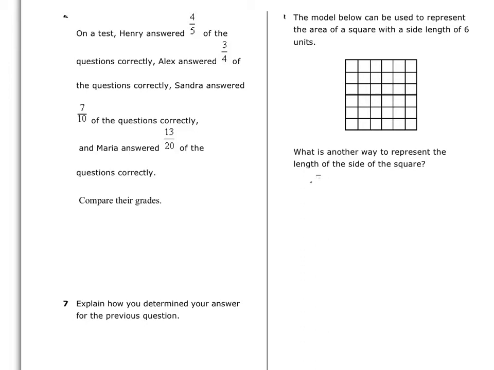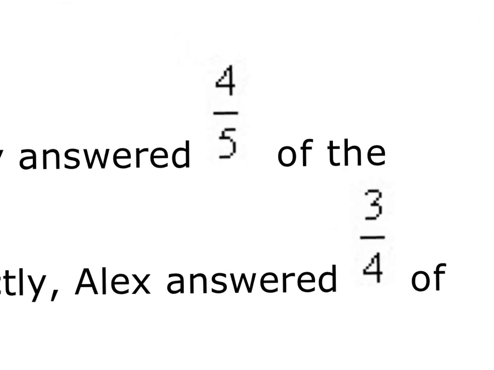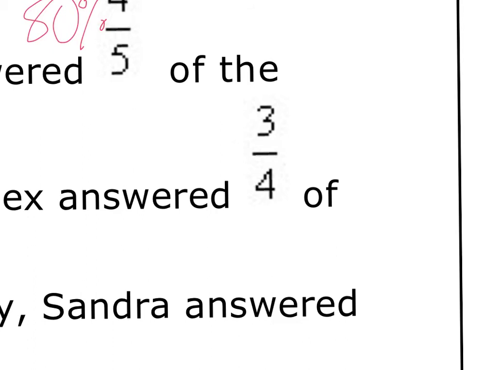We'll have to do it to a decimal first, but we want them all to be percents. First, we've got 4 over 5. That's 4 divided by 5. Gives me 0.8. So what percent did he get right? 80%.